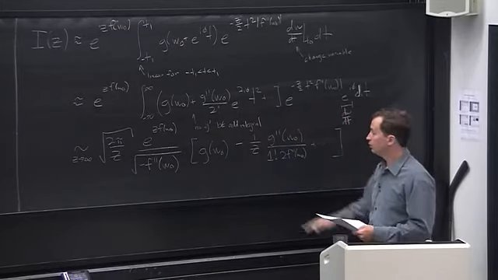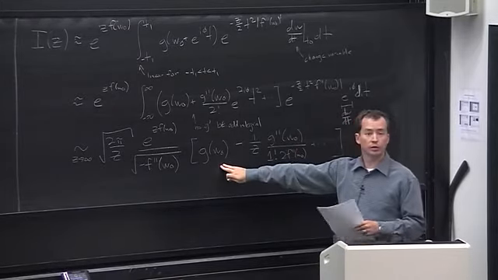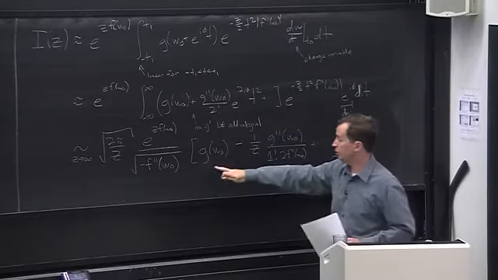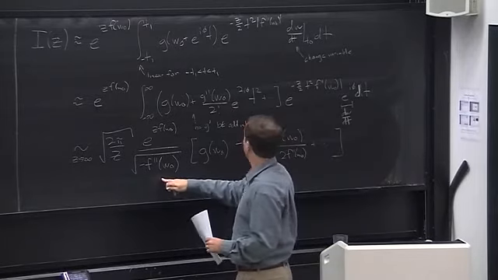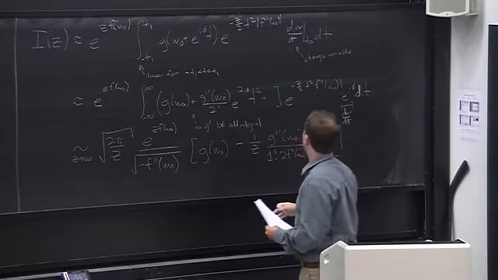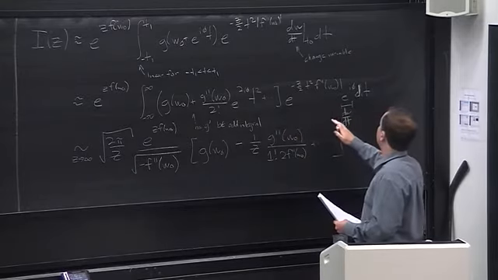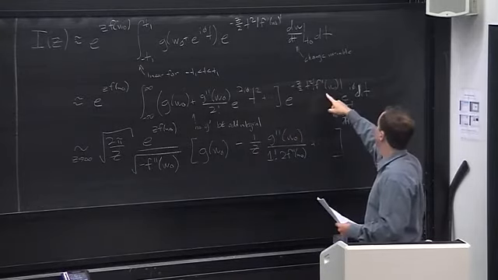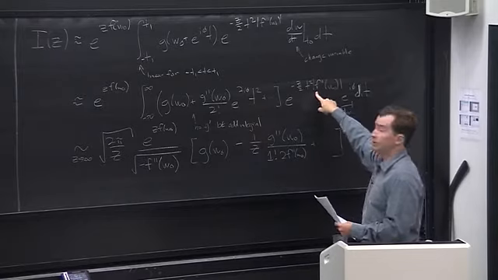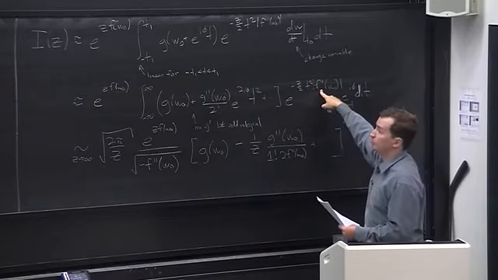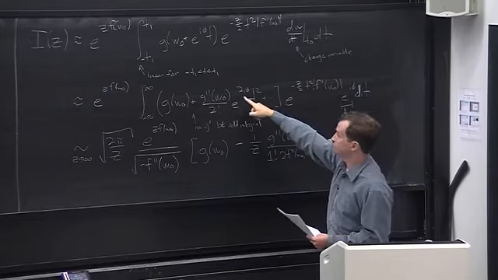Okay, so what I've done here is just the Gaussian integration. I've done one other thing. I have recombined the magnitude of f double prime with these factors of phi.